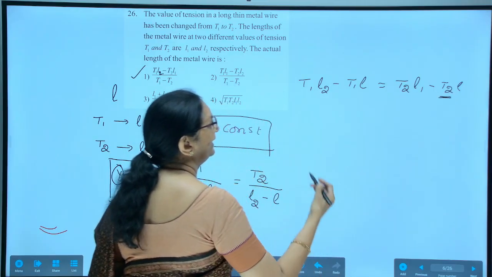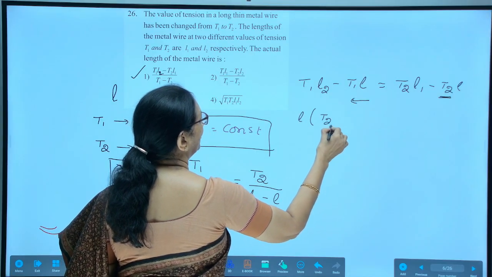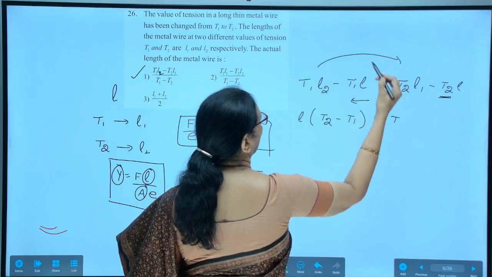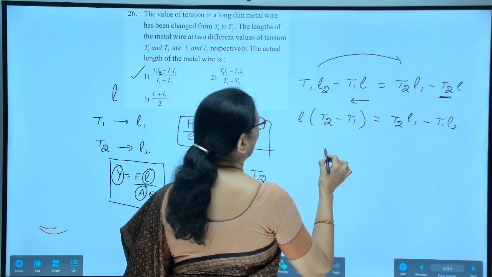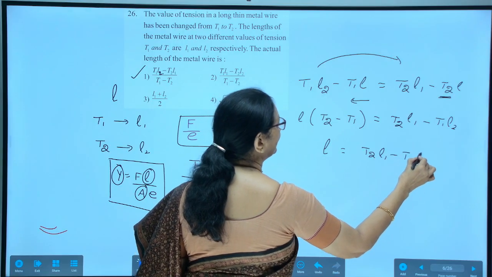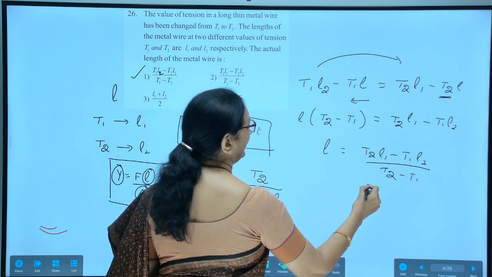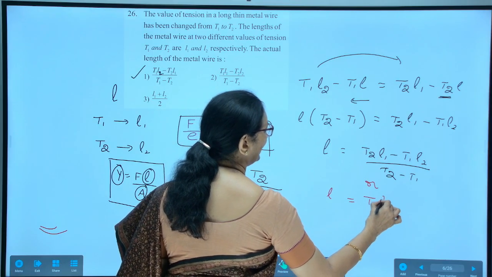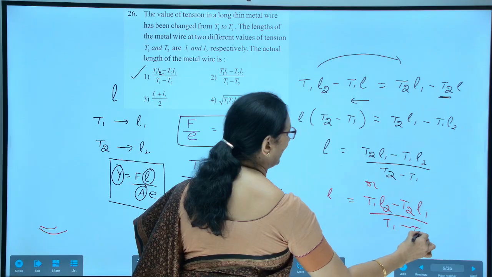Because you want L here, bring the T2 this side. L into T2 minus T1 is equal to, bring that to the other side, T2 L1 minus T1 L2, from which L is equal to T2 L1 minus T1 L2 by T2 minus T1, or if you take that minus here, it becomes T1 L2 minus T2 L1 by T1 minus T2.